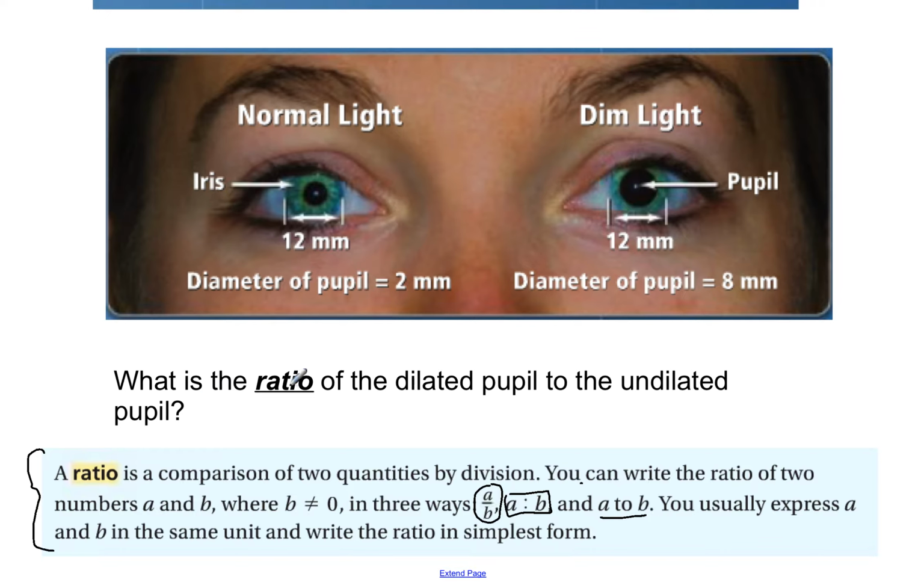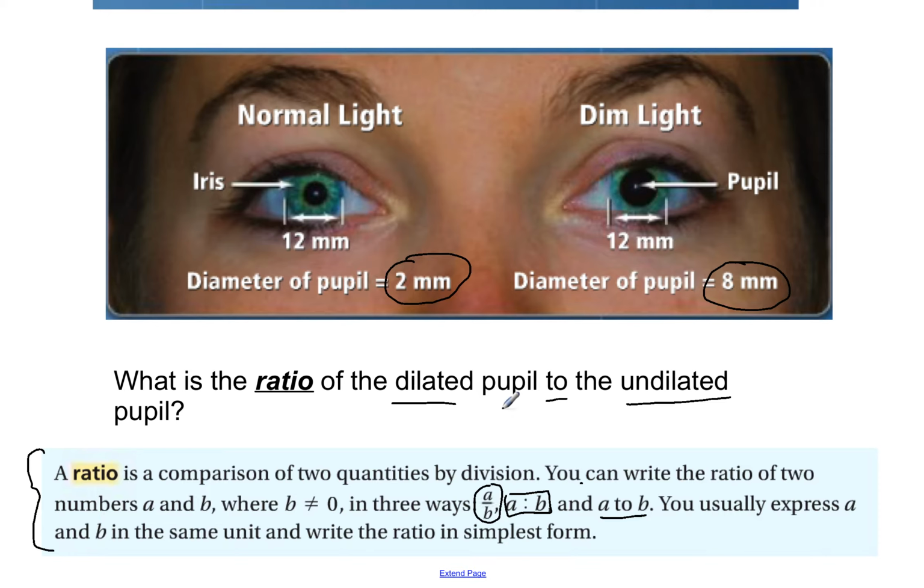So they're asking, what is the ratio of the dilated to the undilated? Well, the dilated pupil to the undilated pupil. Well, the dilated pupil is this one, the one that's enlarged. So it looks like the dilated pupil is 8 millimeters in diameter. The undilated pupil, that's the pupil in normal light, is 2 millimeters.